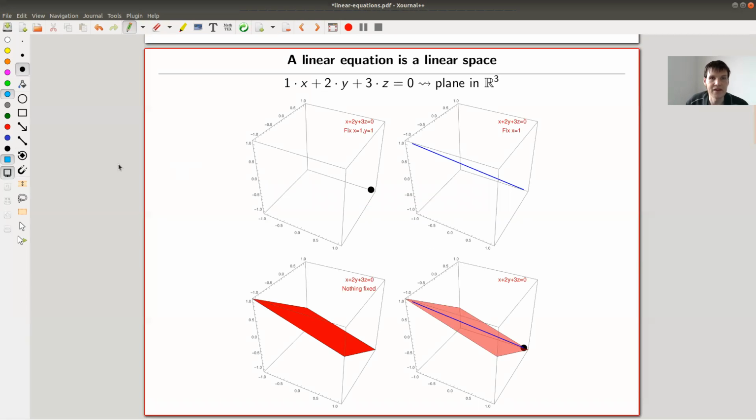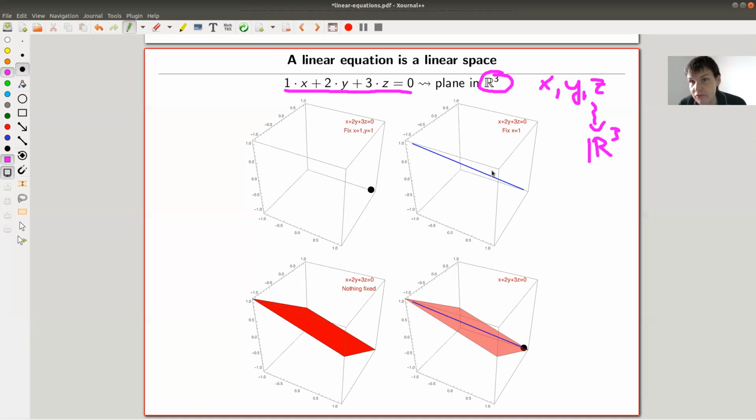You all know what a linear equation is, right? It's something like this. Let's say I have three variables, and the number of variables is the dimension of the space I'm living in. So three variables x, y, z. That means I'm secretly, again working with real numbers, living in R3. And a linear equation is just some linear combination of those elements: 1 times x, 2 times y, 3 times z equals something.